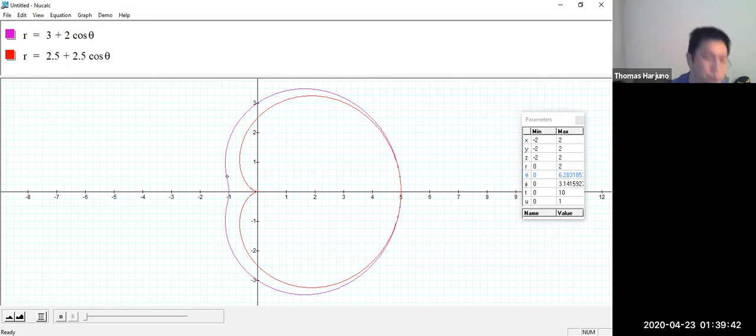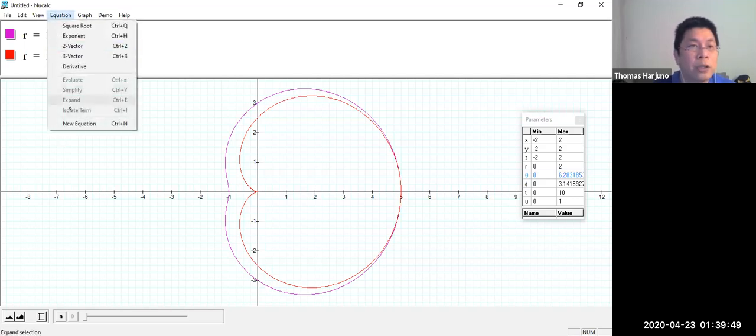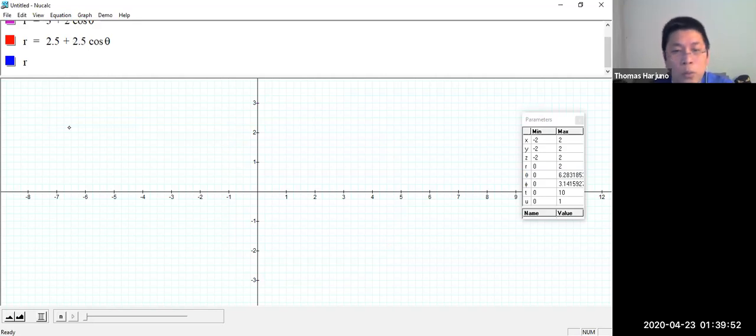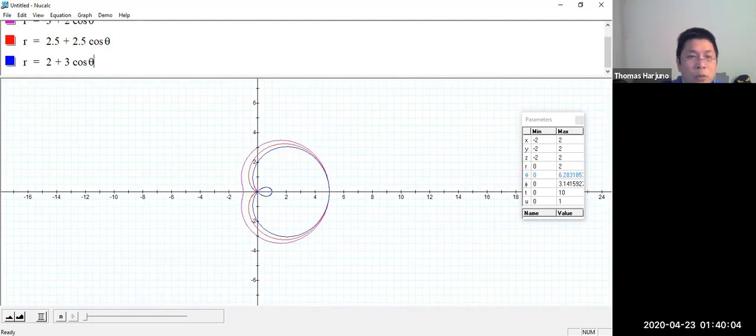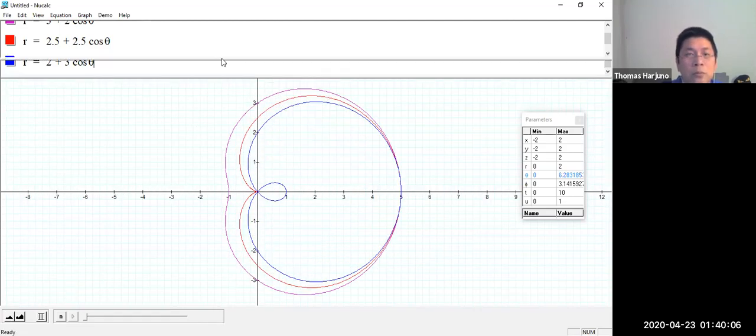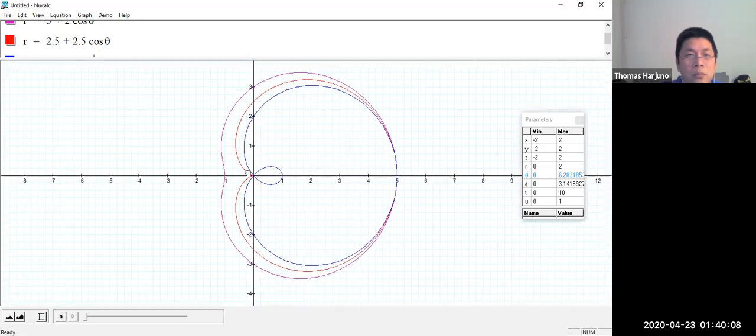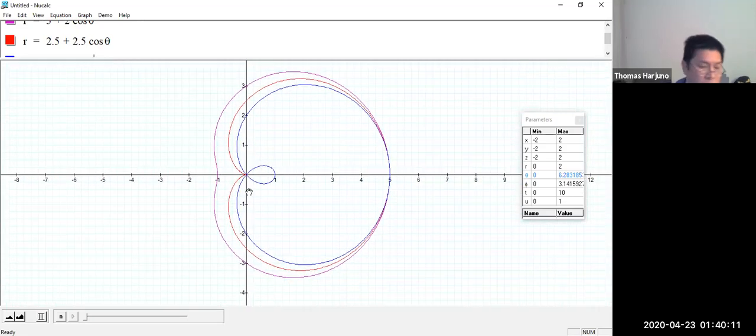Now, together with this, what if I have another equation, 2 plus 3 cosine theta. Okay, so let me take this picture and then put it down in our note.